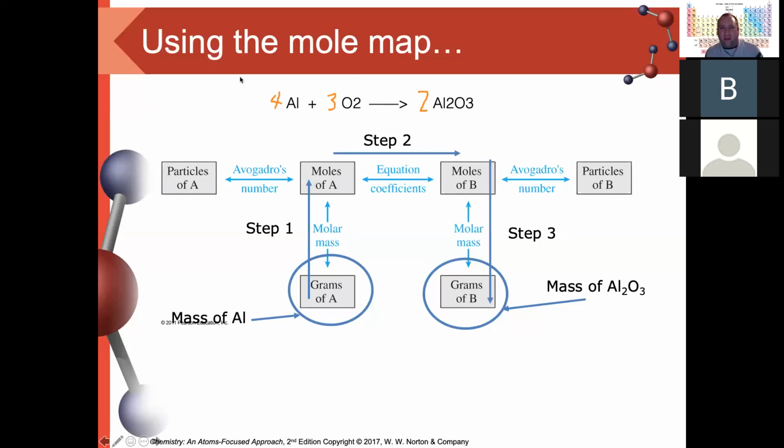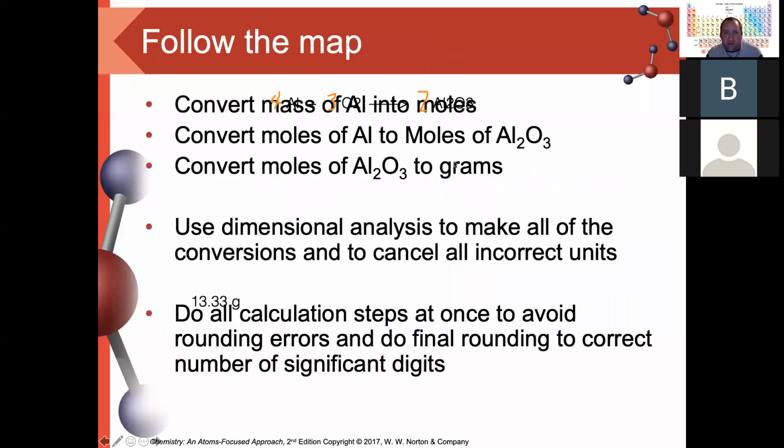Now that I've got my balanced chemical equation, I can look at my mole map and say, okay, I have a mass of aluminum. That mass, we were told, was 13.33 grams. Now I need to convert that mass of aluminum into moles, the moles of aluminum into moles of aluminum oxide, and then the moles of aluminum oxide into the mass. If I follow this step by step, the logic kind of takes care of itself.